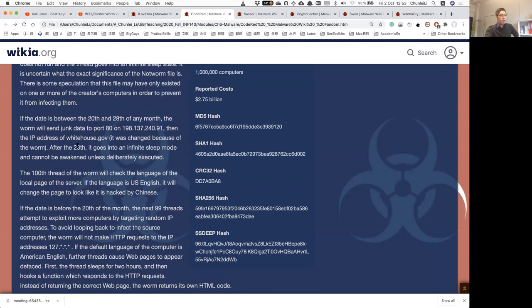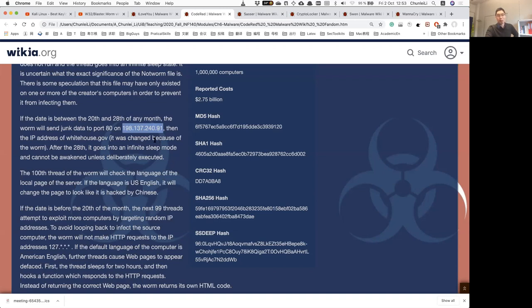Regarding the triggering phase, the trigger condition is if the date is between the 20th and 28th of each month, then the worm will send junk data to port 80 on this IP address. Although you haven't done IP addresses, I think you have heard of it before.